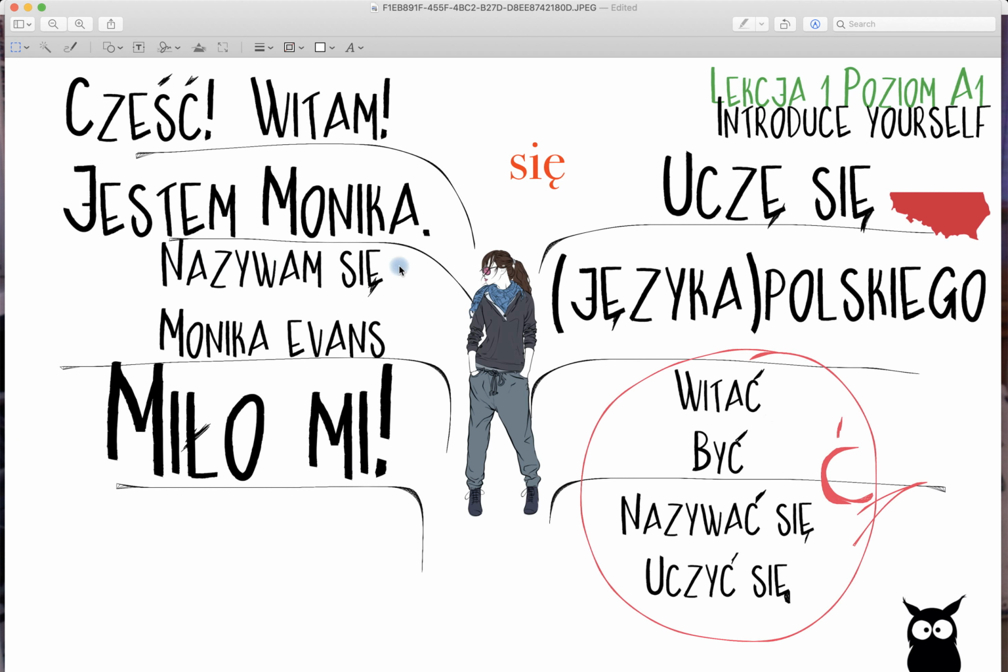So nazywam się, or very quickly, nazywam się. That is, I call myself, literally. And this is the infinitive, nazywać się, to be called, to call oneself. You can see that this m letter is very common for the first person singular.